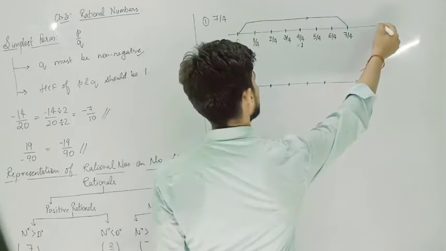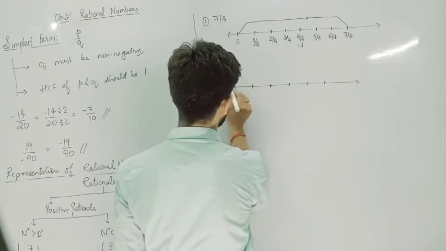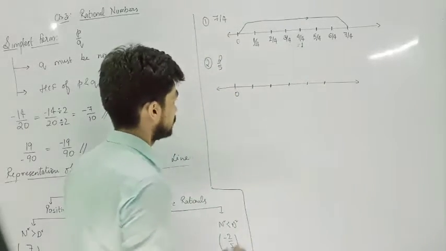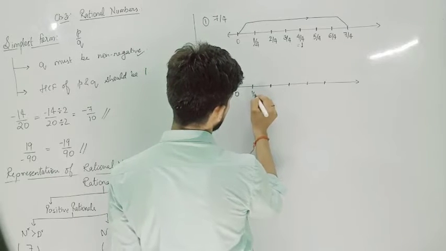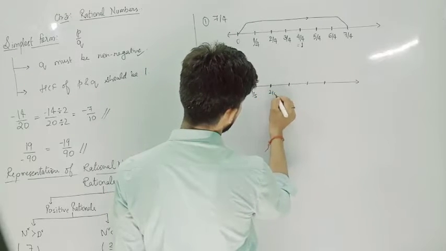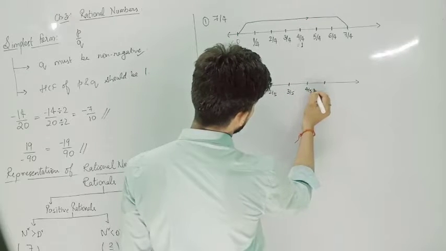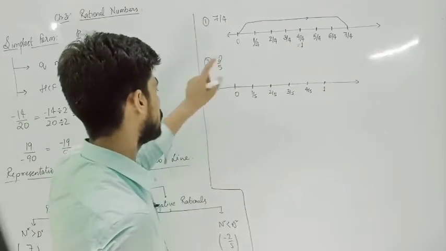It is a number line, keep in mind, an endless number line. How will you write here? 1 by 5, again you will start here. Here 2 by 5, 3 by 5, 4 by 5 and last you will write 5 by 5 as 1. You want 2 by 5?